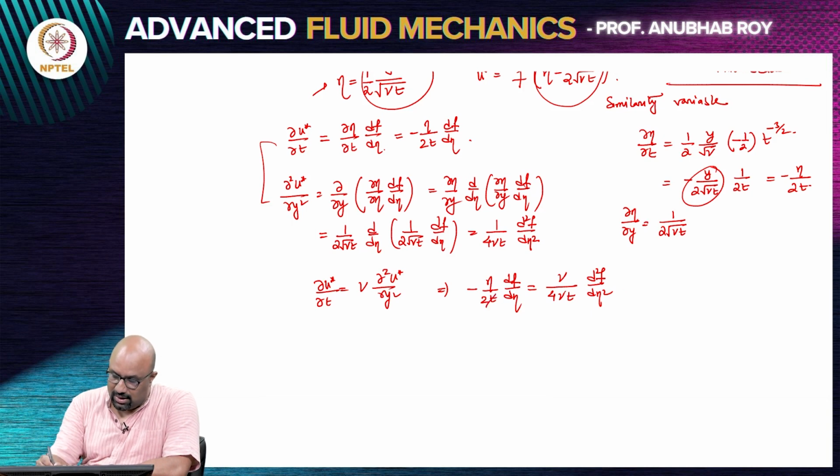The t's are going to cancel out, the nu will cancel out, and you arrive at an equation which is d square f d eta square plus 2 eta df d eta is equal to 0.